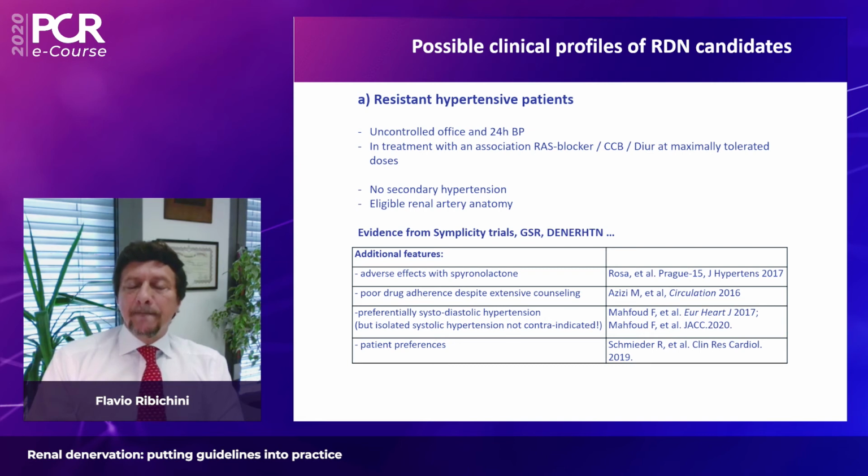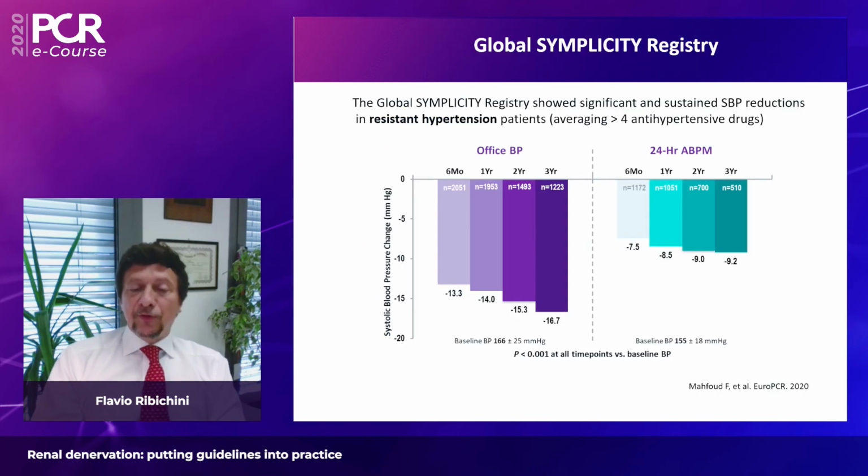Scientific evidence might include in this population those with adverse effects of spironolactone, with poor drug adherence despite extensive counseling. And of course, again, as I said before, those preferring the interventional therapy.